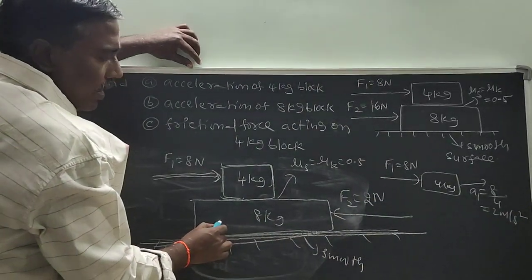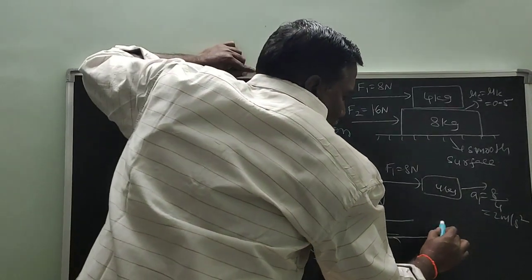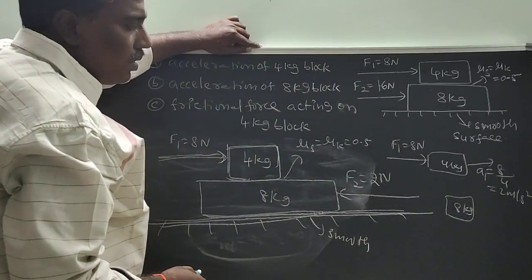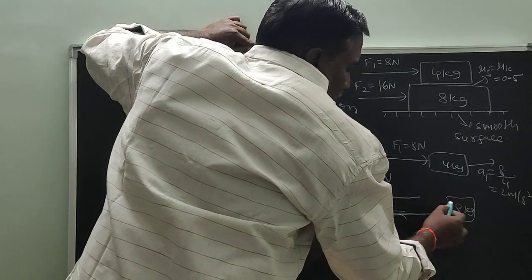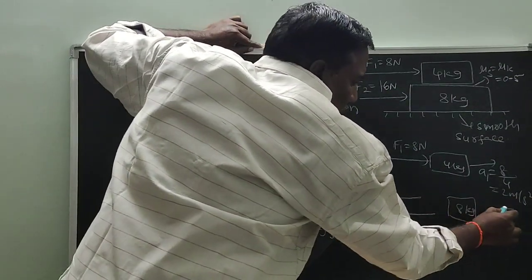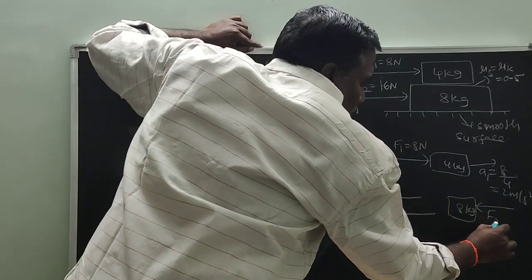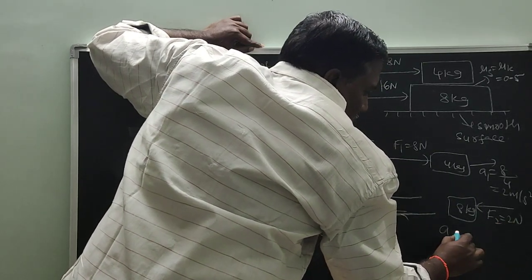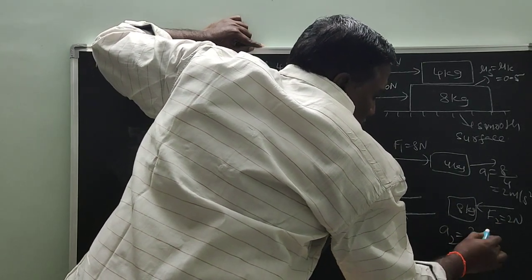But for this 8 kg block, the force is in this direction, F2 equal to 2 Newton. So this acceleration is A2 equal to 2 by 8.